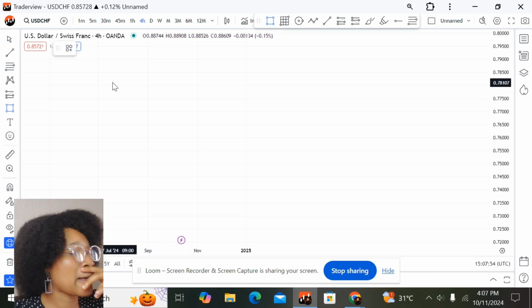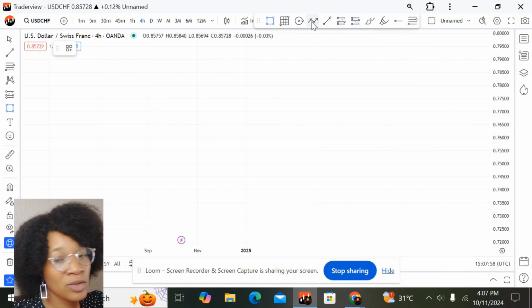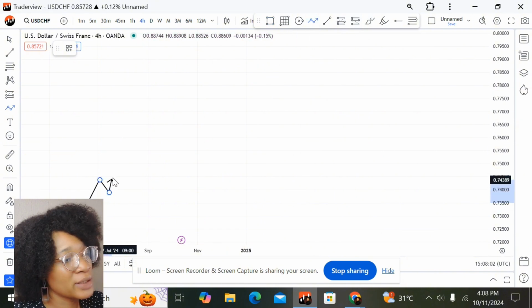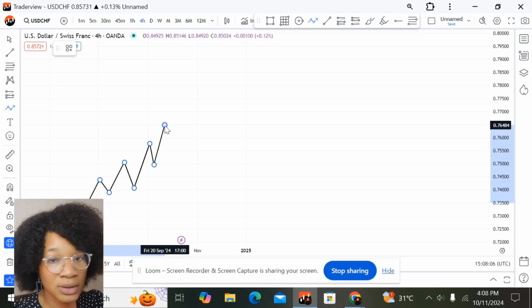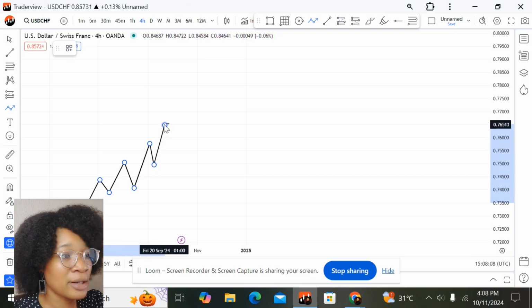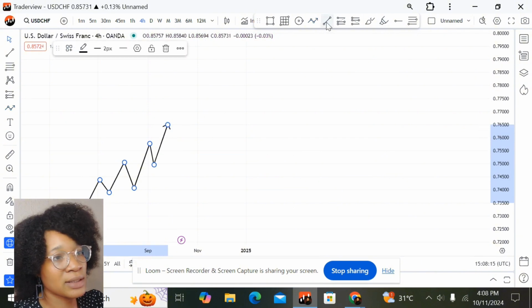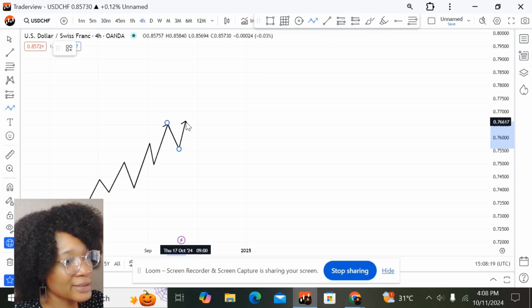So let's assume that we have an existing uptrend market, of course giving us swing highs and swing lows, telling us that the market is in an uptrend. So we get to a point when price comes and does this.